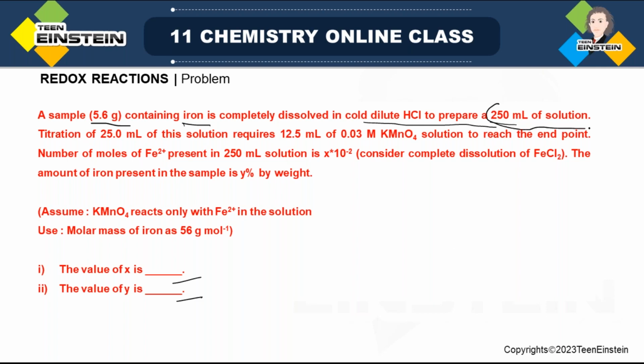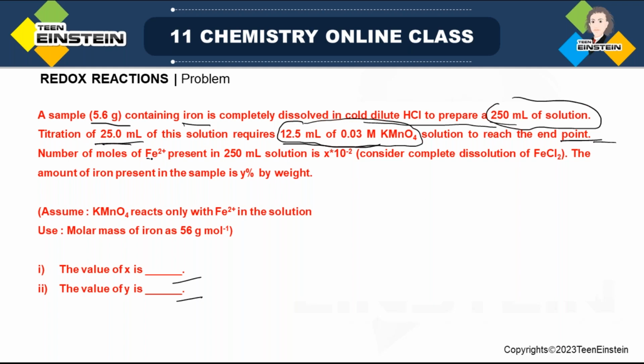Now out of this 250 ml solution, only 25 ml is taken, and this 25 ml requires 12.5 ml of 0.03 molar permanganate solution to reach the end point. That means for titration, this amount of KMnO4 is required for 25 ml of the solution to end the process. End point means now all the Fe2+ is consumed by MnO4-.